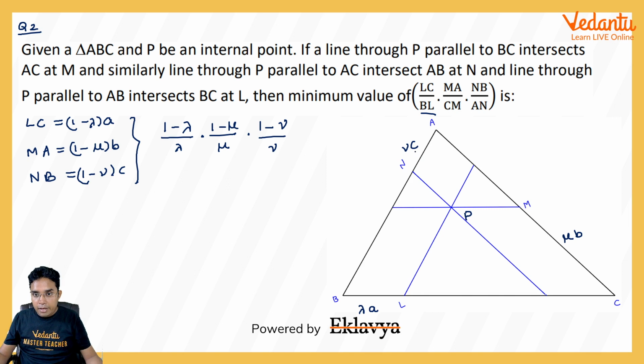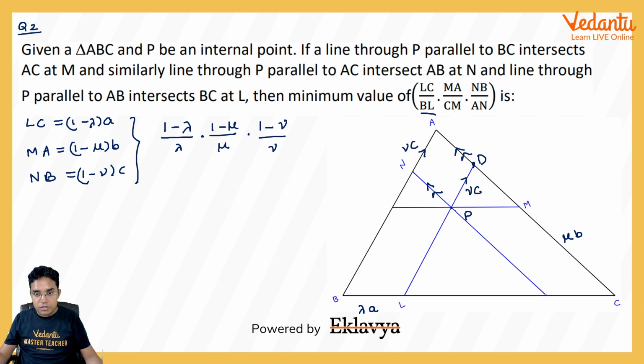Let us see. If this is nu C, and you can see this A and P, and we may call this some point, this is going to be a parallelogram, because this side is parallel to this and this side is parallel to this. So we can say this length from P to here will be nu times C. And because these three sides, let me call these points, as I have not used D, P has been used, M has been used, so DPM will be similar to the big triangle ABC.